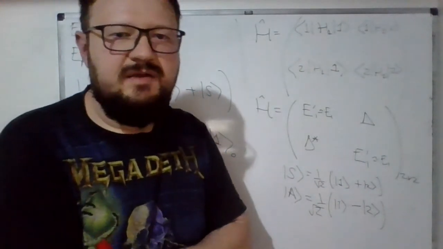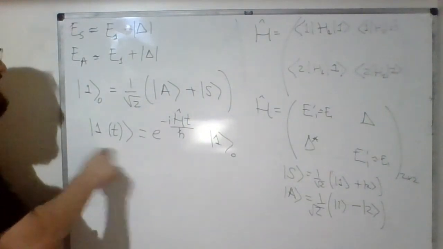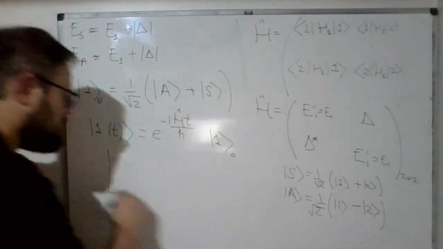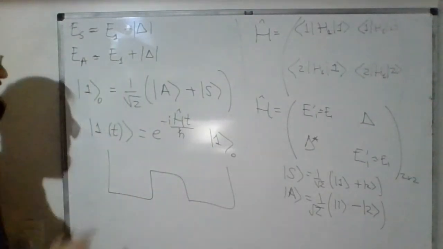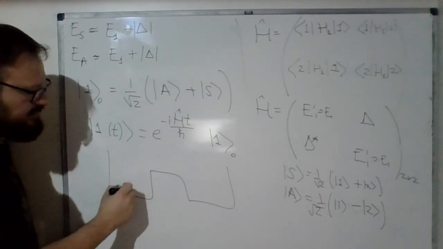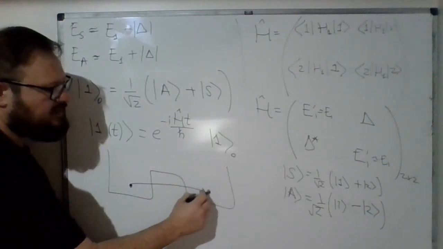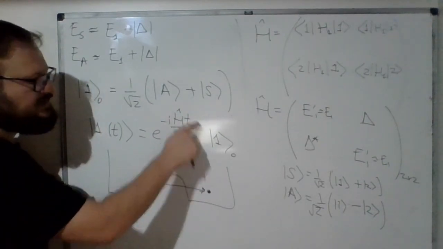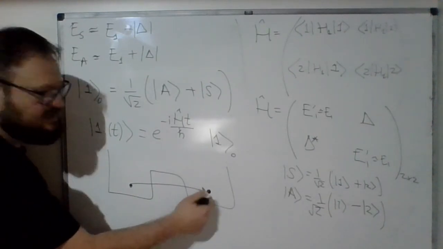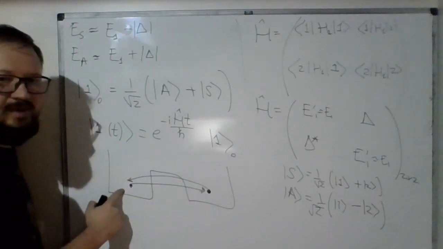This is spin precession. In this problem, you'll find out that this state here, which is putting the particle in the left box, the particle is initially here, it will tunnel to the second box. There will be an instant of time that the probability of finding the particle in the second box is maximized, and then the particle reverses and comes back to the box number 1.